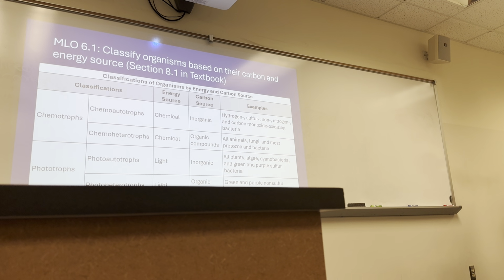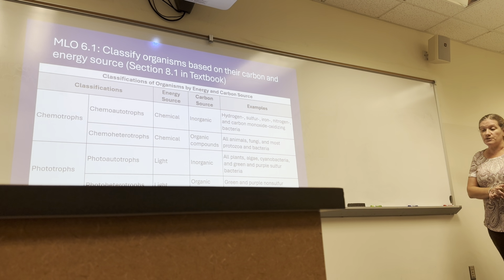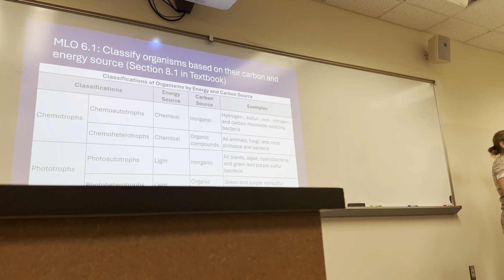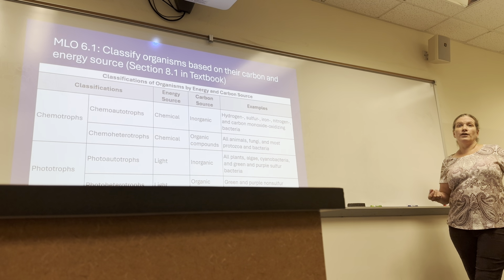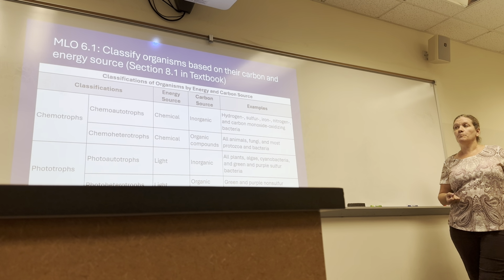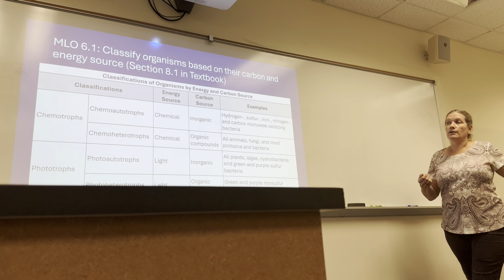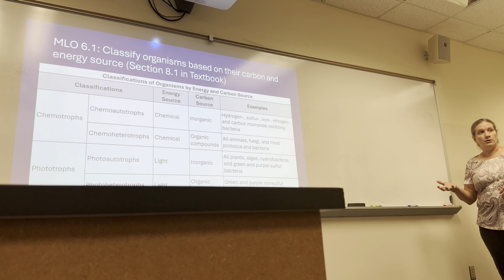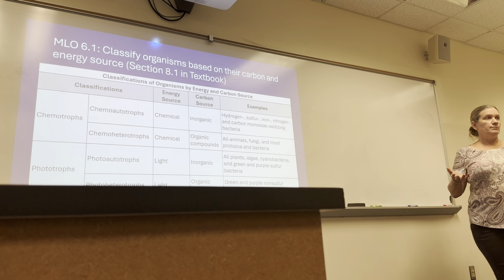Now, microorganisms are going to obtain these particular elements from different sources, and here we're going to be looking at the sources where they are going to get their carbon. We'll also be incorporating where they're getting their energy from. The energy can come from either chemicals or from light.